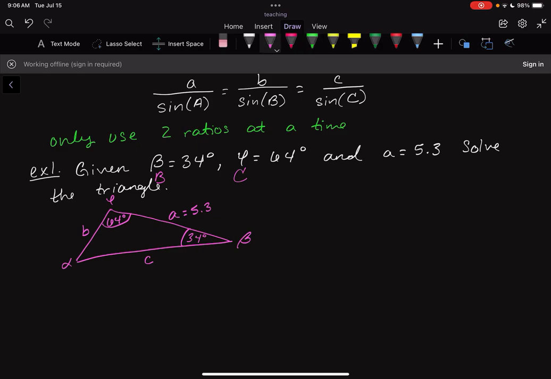So now we need to think about what can we find? I would say for this one, there's actually only one option. The easiest thing to find right now is going to be alpha. And I'm just pausing so that maybe you can think about it a little bit. So we're going to find alpha.